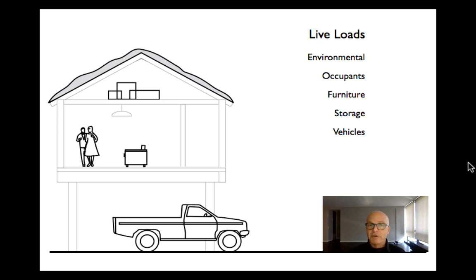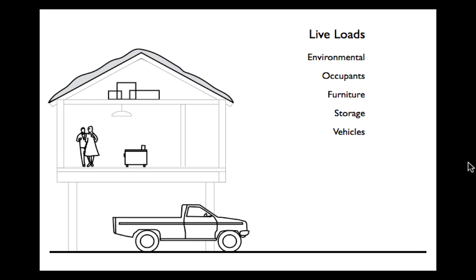That's because libraries store books, which are very, very heavy and dense, especially if there's something like compact shelving being used. An office building might have a live load of something like 60 or 70 pounds a square foot. A library might have something more like 100.